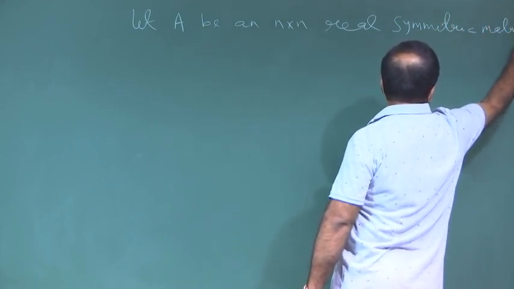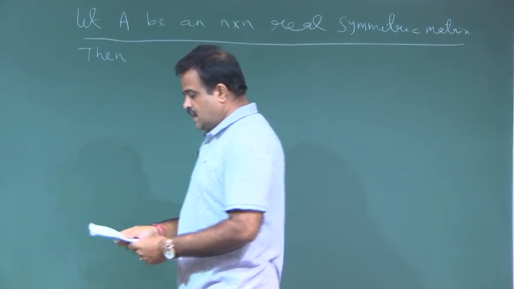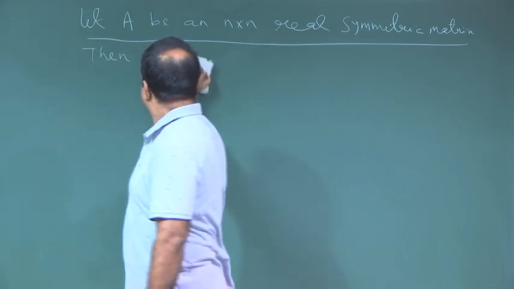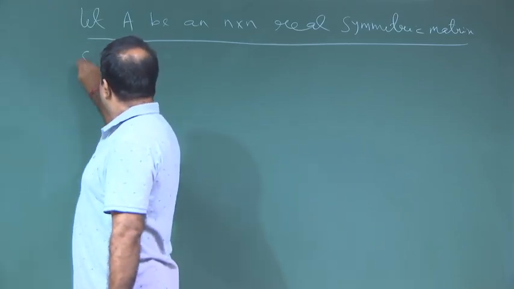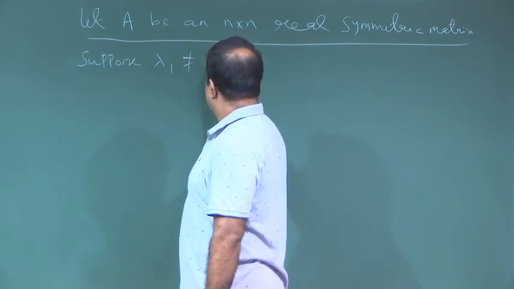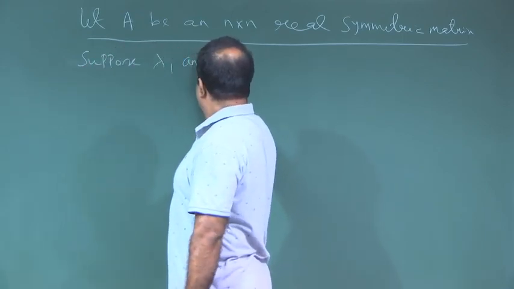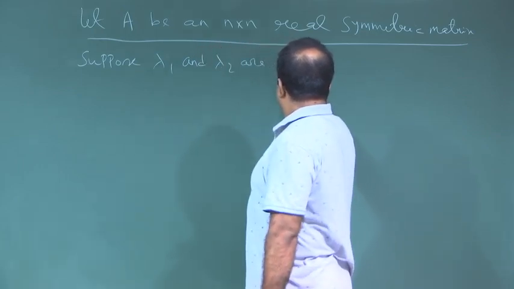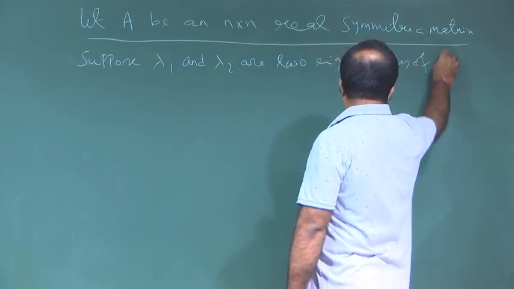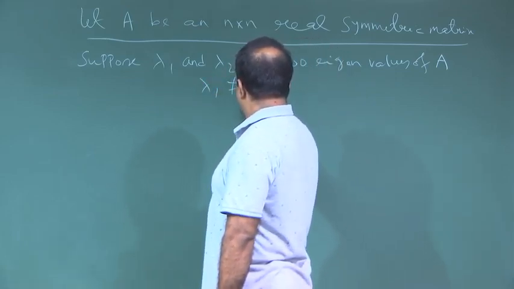Suppose lambda 1 and lambda 2 are two eigenvalues of A which are distinct, that means lambda 1 is not equal to lambda 2.